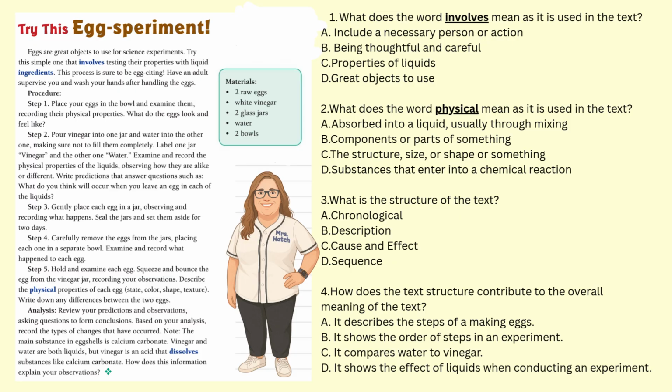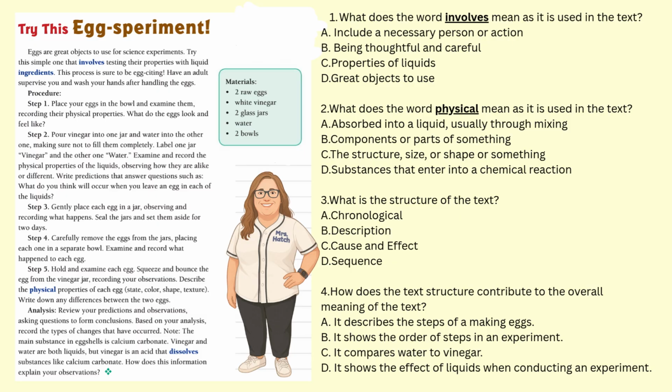Now we're at the word procedure. Step 1. Place your eggs in the bowl and examine them, recording their physical properties. What do the eggs look and feel like? Step 2. Make sure you're with us as we read the text. Read with me, okay?